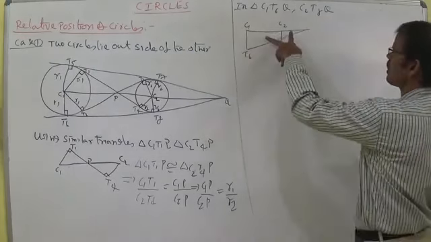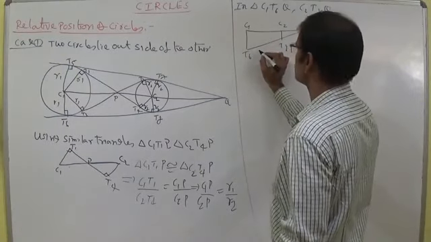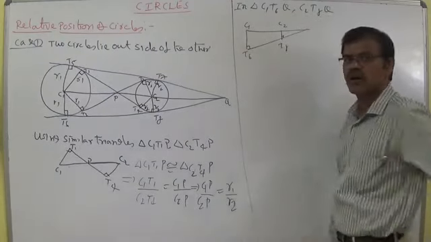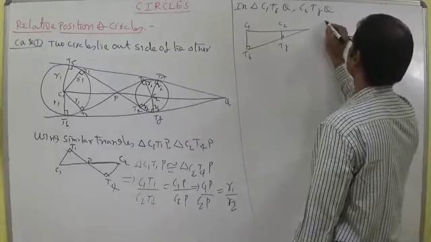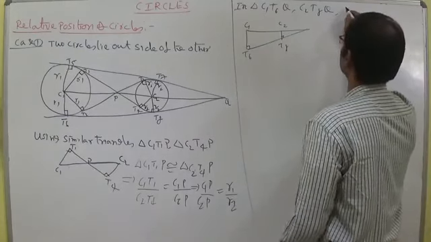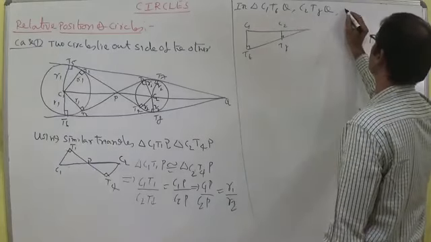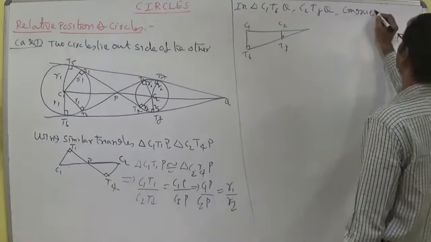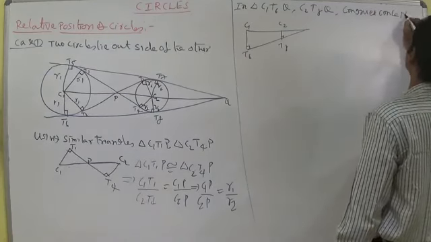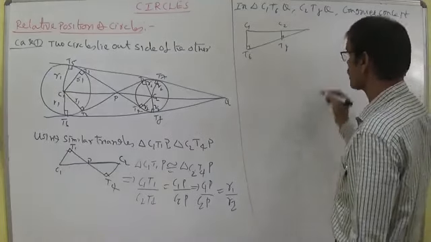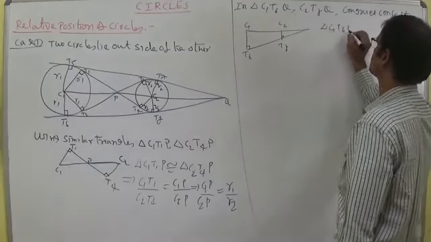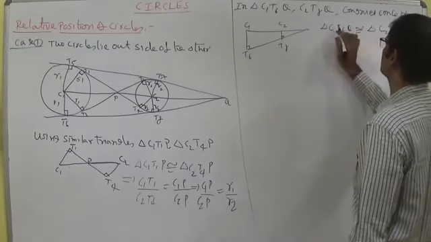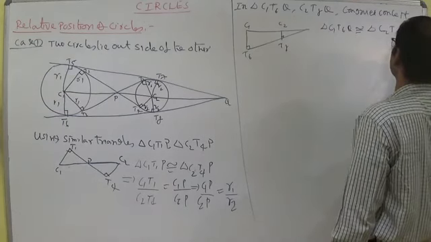So this is the large circle. Here also, at T6 this is 90 and this is 90. So according to the large and small circle concept, in triangles C1 T6 Q and C2 T8 Q, the congruent concept, these two triangles are congruent.